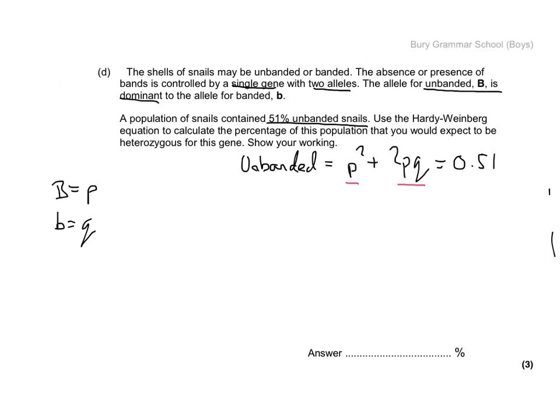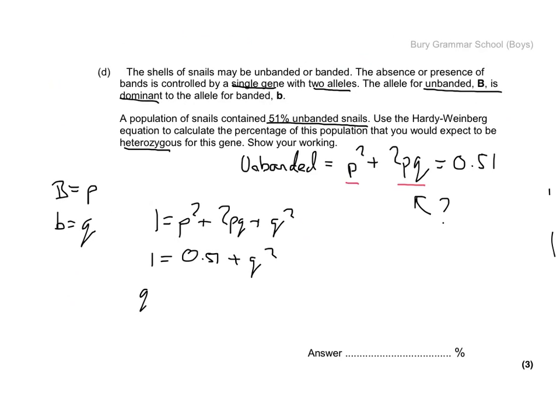So use the Hardy-Weinberg equation to calculate the percentage you would expect to be heterozygous for this gene. So we're trying to find these individuals, the 2pq individuals. In order to do so, we've got to use both equations. So if we know that p squared plus 2pq is equal to 0.51, we know as well that 1 is equal to p squared plus 2pq plus q squared, which means that 1 is equal to 0.51 plus q squared.